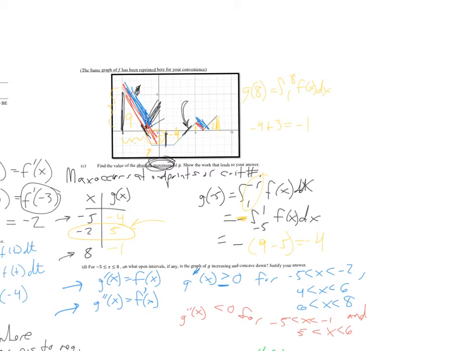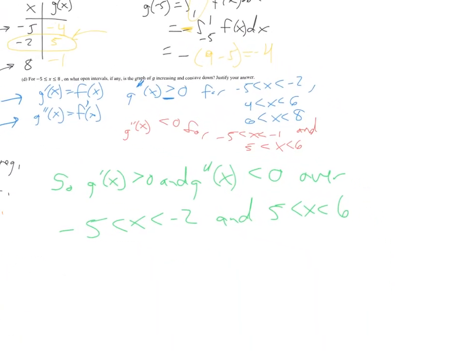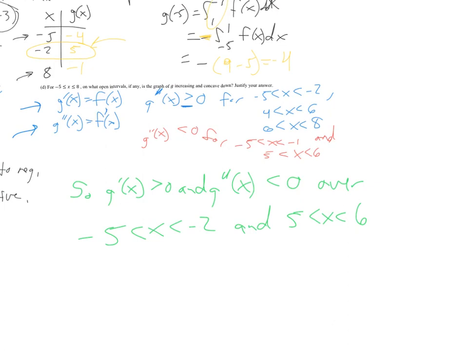So the intervals where we have both blue and red are from -5 to -2 and from 5 to 6. And the way that you justify that is by saying, g prime of x, what I wrote in green there, g prime of x is greater than 0, g double prime of x is less than 0 over these two intervals. And also what I put in the box here, I've indicated to the grader what I am looking at.